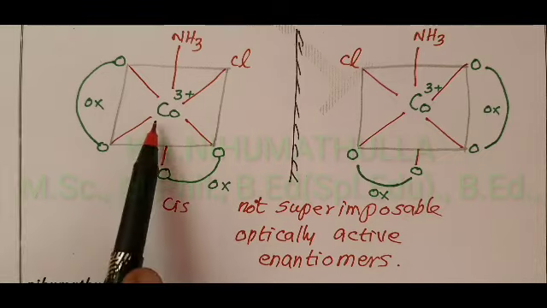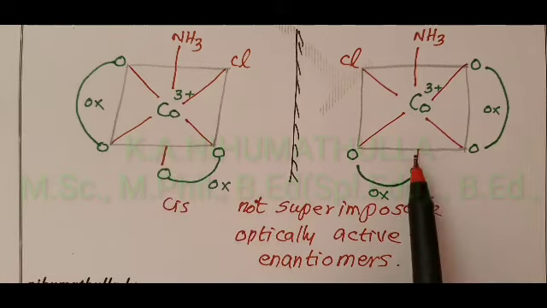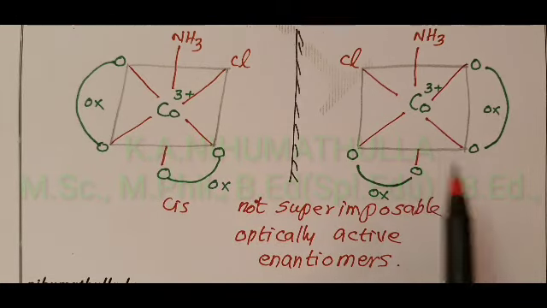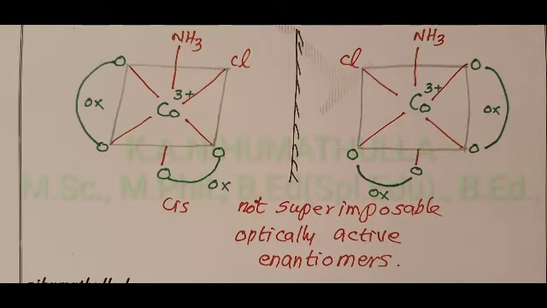If the compound rotates the plane polarized light in the clockwise direction, the mirror image rotates it in the anti-clockwise direction. It is called mirror image, right? Now, this is the cis isomer.